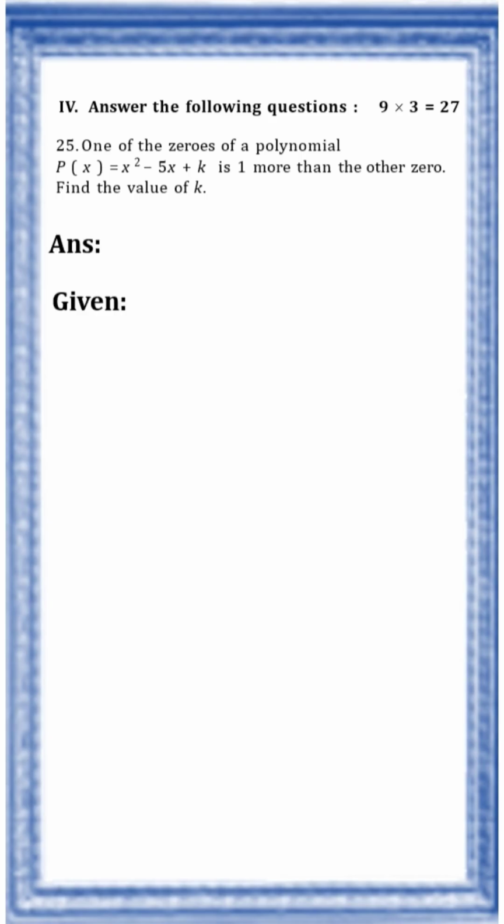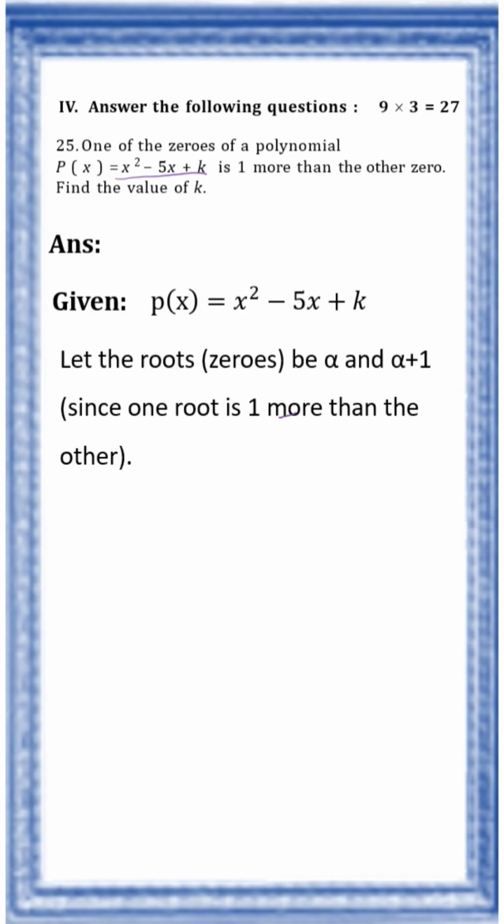Here what is given? A polynomial, this one: x square minus 5x plus k. Let the roots or zeros be alpha and alpha plus 1. Here they have given that one root is one more than the other.